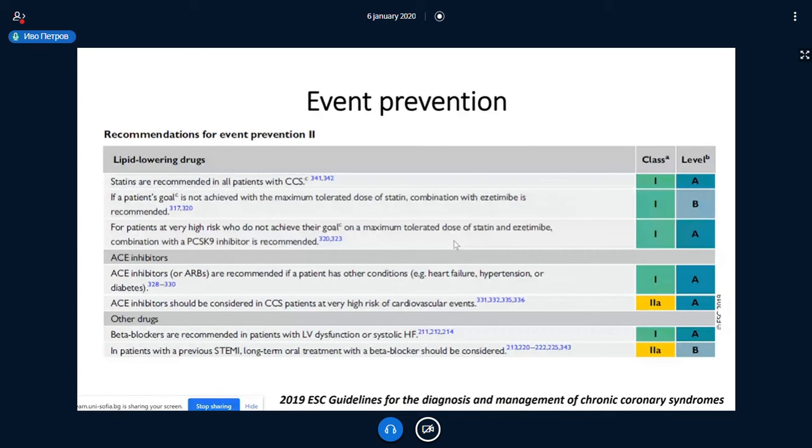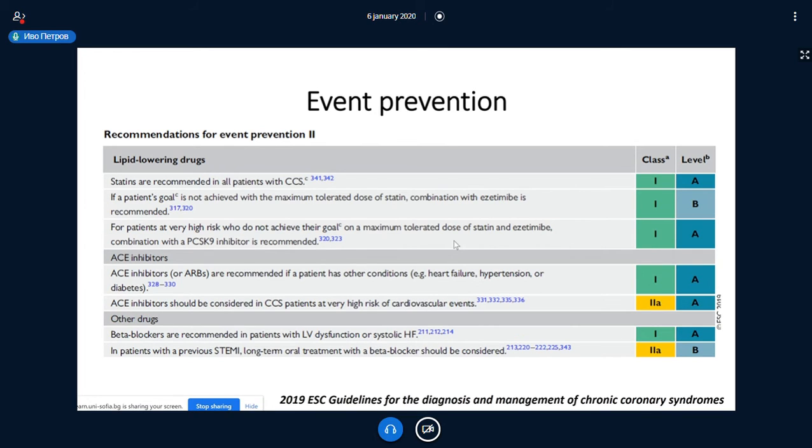Okay, we are proceeding with the second strategy for event prevention, so improving the prognosis. I mentioned already that, more than double antiplatelet therapy, especially aspirin, the most important two medications that improve the prognosis in coronary artery disease patients are the medications that decrease the level of cholesterol, especially LDL, low density lipoprotein cholesterol.